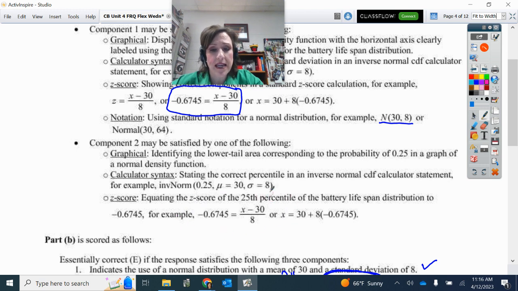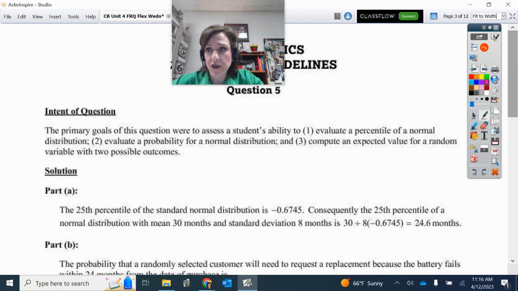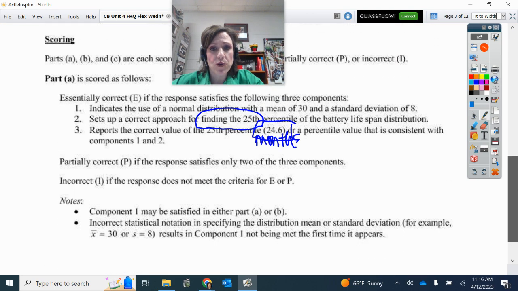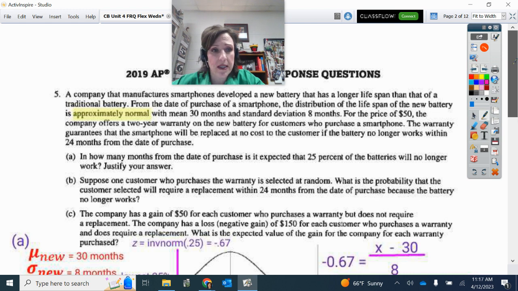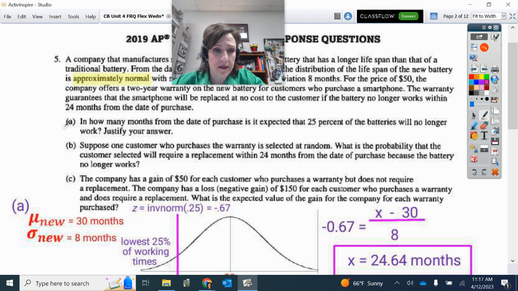It gave you the normal model statement, and it gave you the lower 25th percentile statement. Then of course the third thing you had to have was the correct answer, which was 24.6 months. If you have all three of those correct, then you get E for part A. If you only get two of those correct, you get partial. All right, let's go to part B.